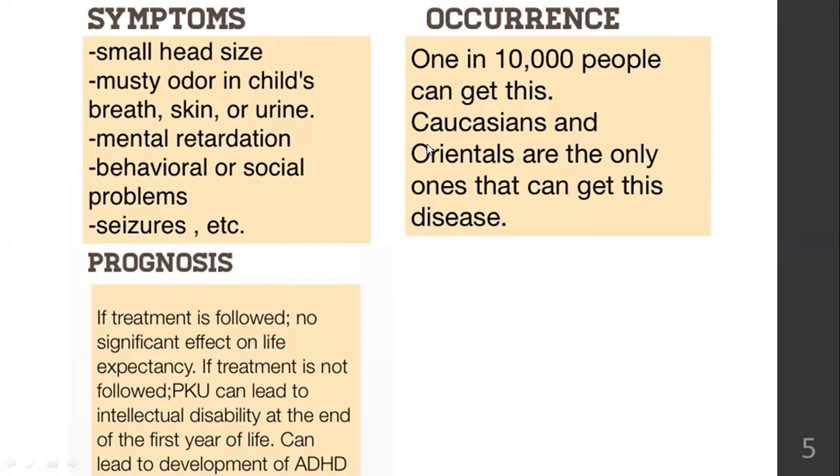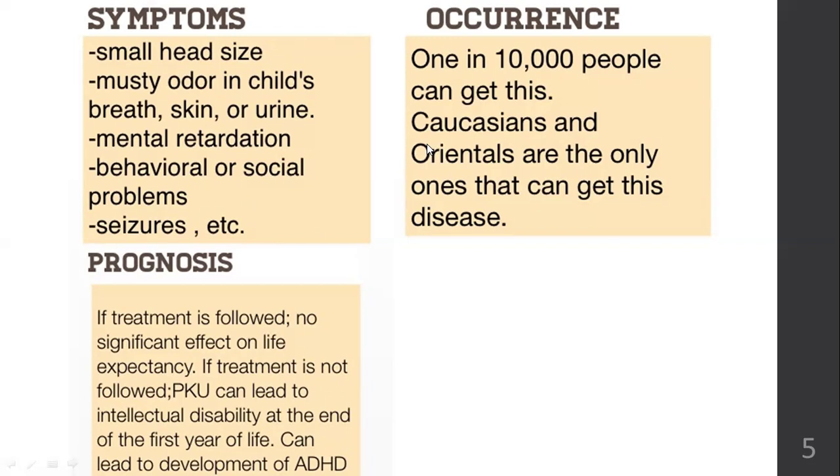Treatment. If treatment is followed, there is no significant effect on life expectancy. The child will not die because of phenylketonuria as long as you are following the protocols of disease management. It's usually dietary changes. You cannot have any protein that has phenylalanine.